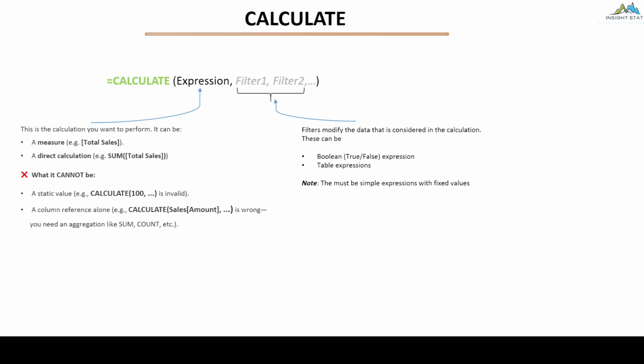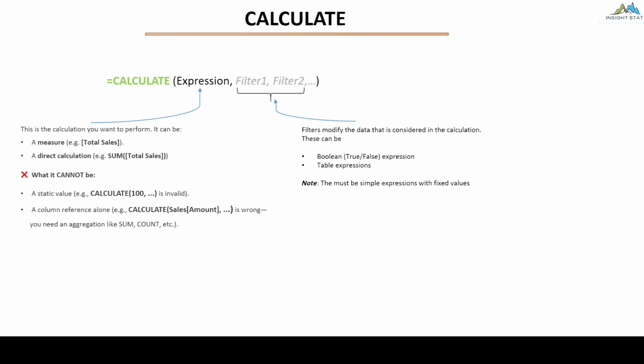Now, what are these filters? As you can see on the screen, they modify the data that is considered in the calculation. For example, if we are taking total sales and we apply a filter like a region or a product category, it will filter the total sales by that region or category.